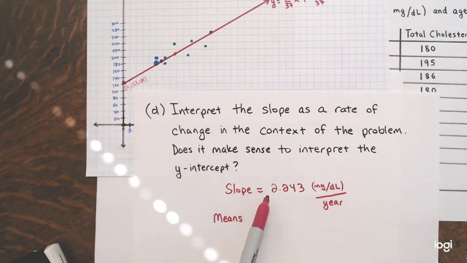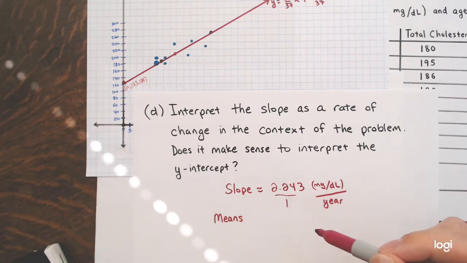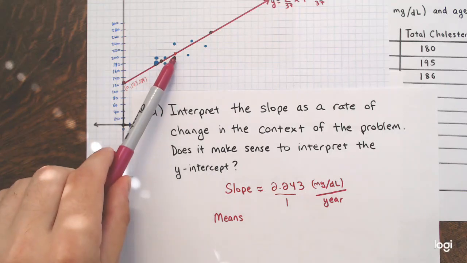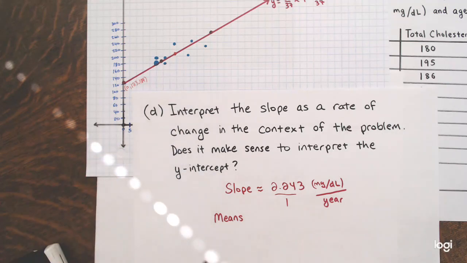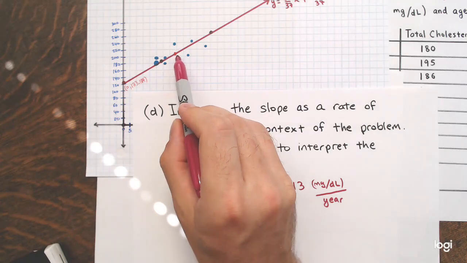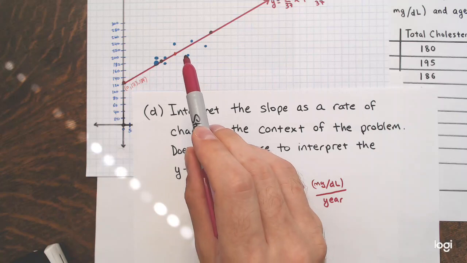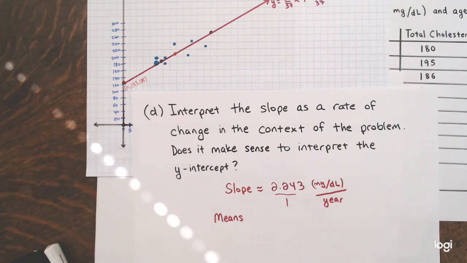When I say a slope is 2.243, it's like 2.243 over 1, or you can think of it as 83 over 37. All this means is that if I increase the years by 1, the cholesterol will increase by about 2.243 milligrams per deciliter. So if I increase my age by 1 year, I move to the right 1 unit on the graph, and I'd have to move up 2.243 to stay on the line.